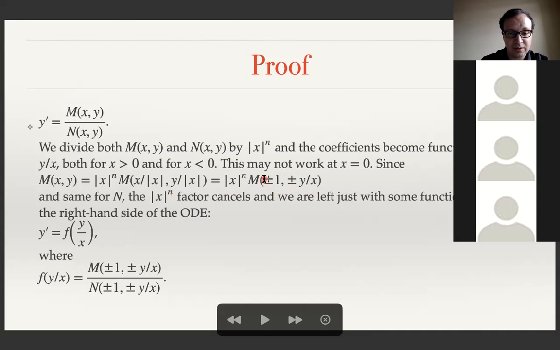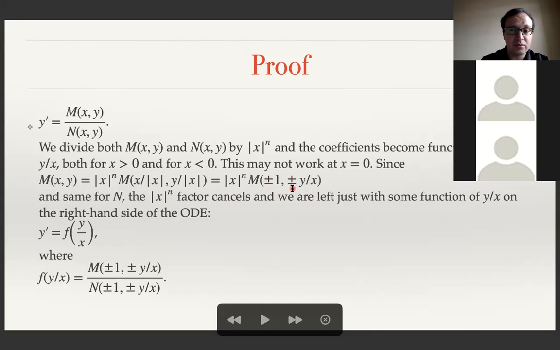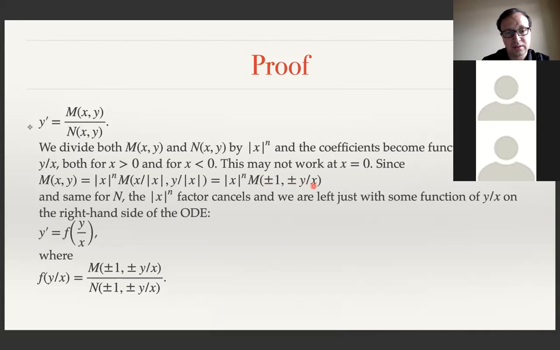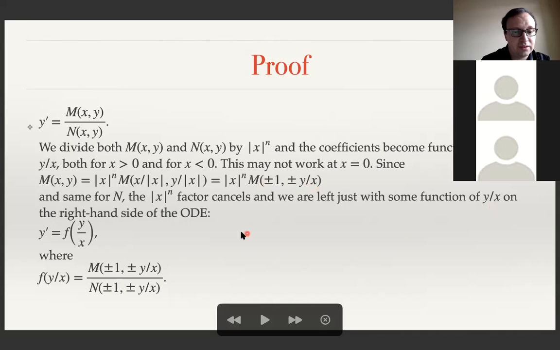So it's either plus plus or minus minus. In either of those two cases, this is a function of y over x. So separately, when x is bigger than 0 and when x is less than 0.